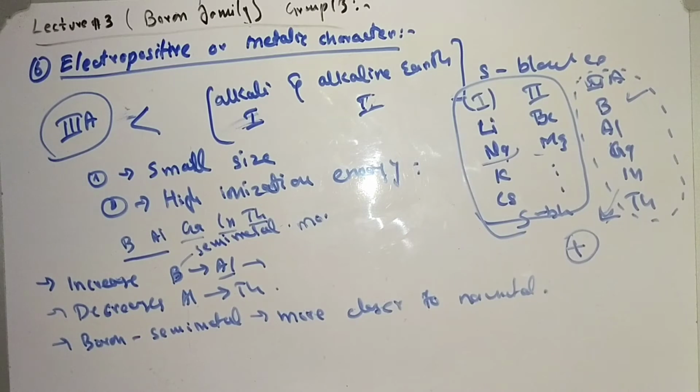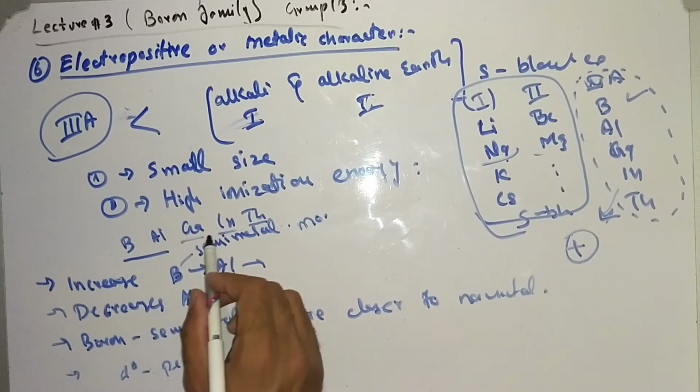There is a decrease from gallium to thallium in electropositive or metallic character. The main reason behind this is the presence of d10 electrons in the penultimate shell in gallium and indium.